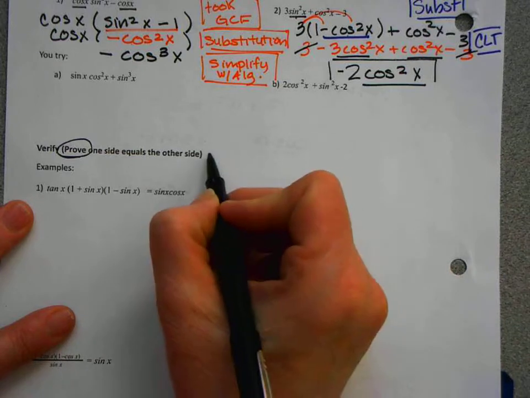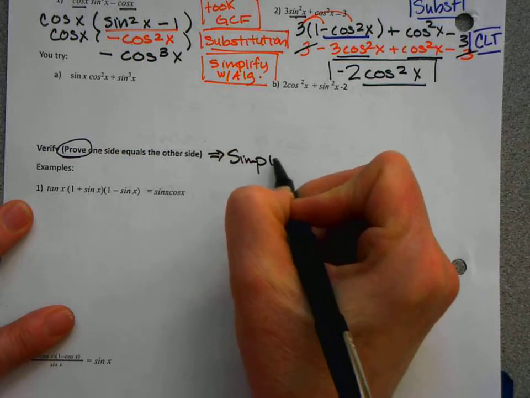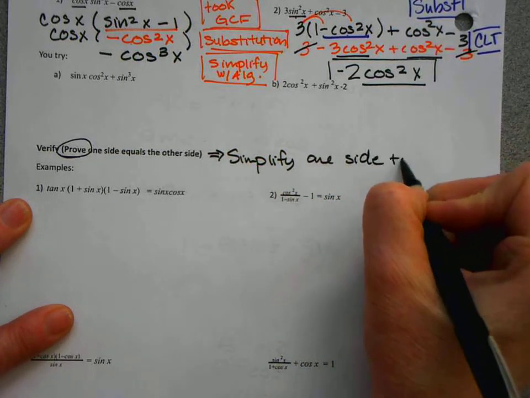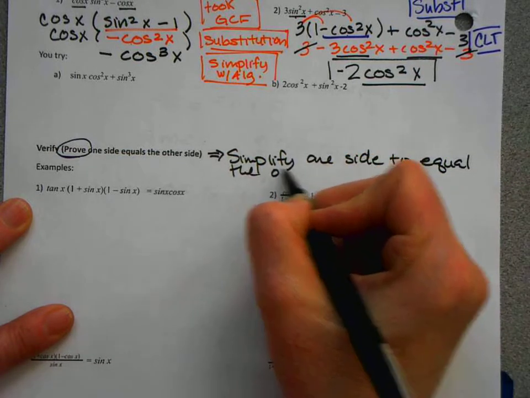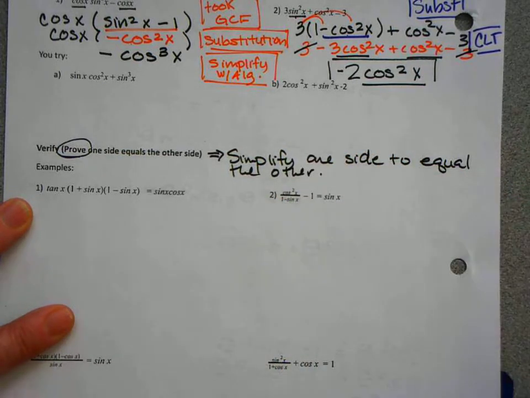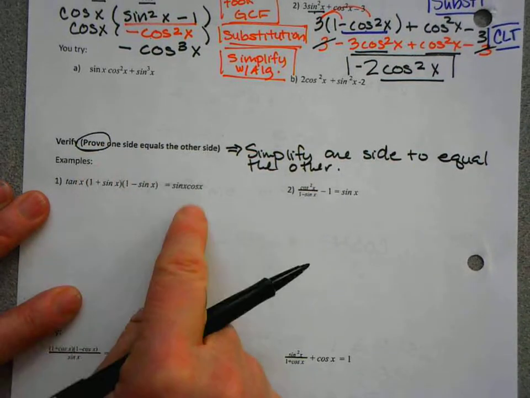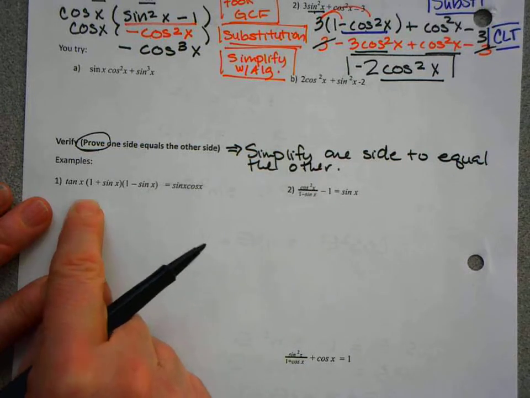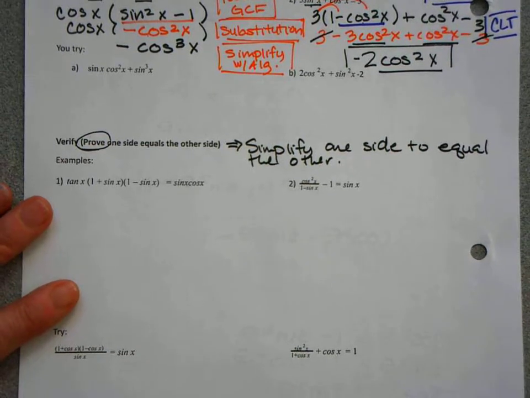The way we do that is we simplify one side to equal the other. Generally, we take the more complicated side and make it equal to the simpler side. And generally, too, we simplify the left to equal the right. It's not always true, but usually true.